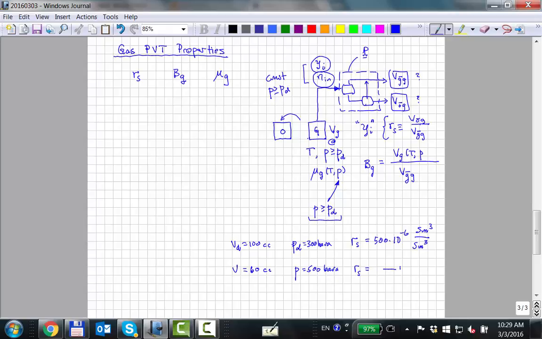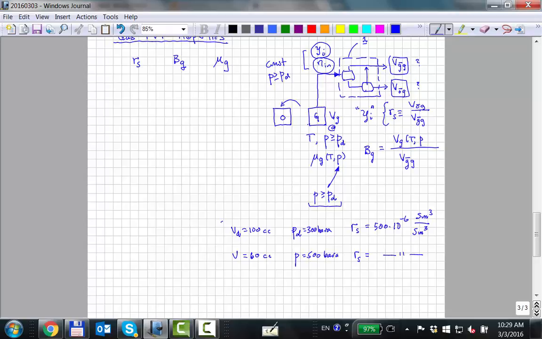So this is going to be the same oil-gas ratio. In this exercise, we're just taking a saturated gas to an undersaturated state.